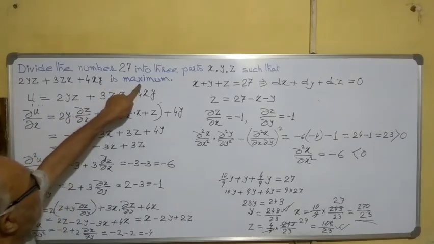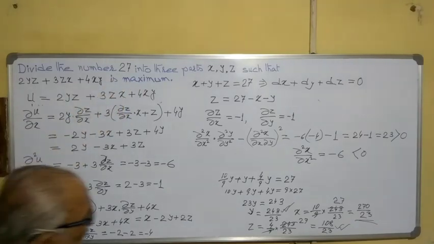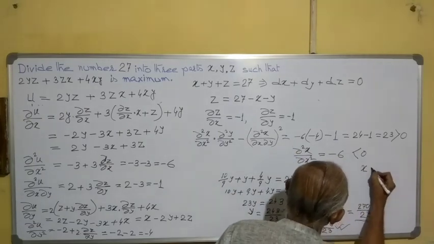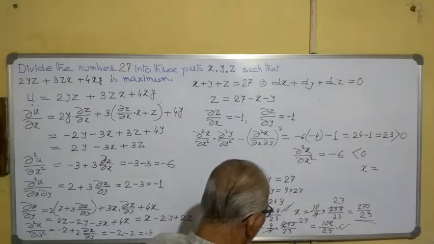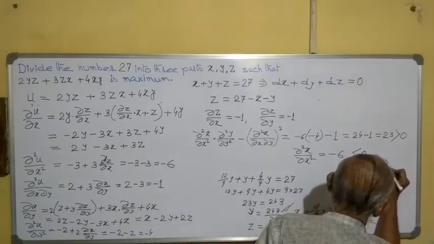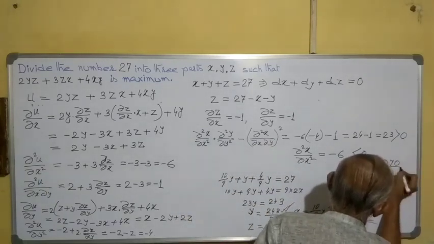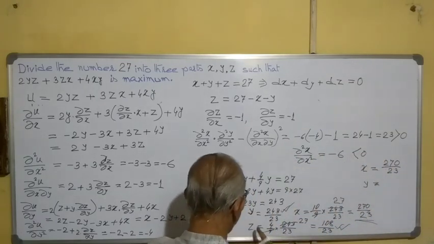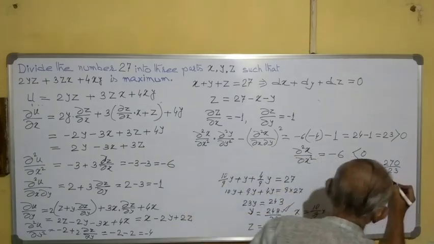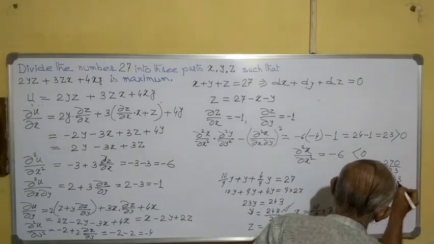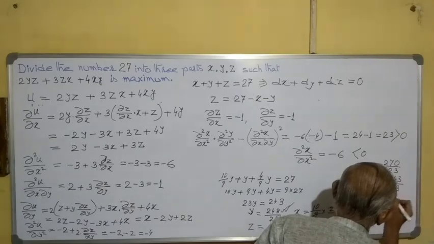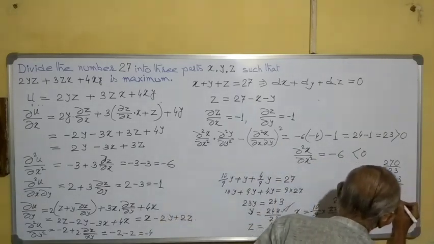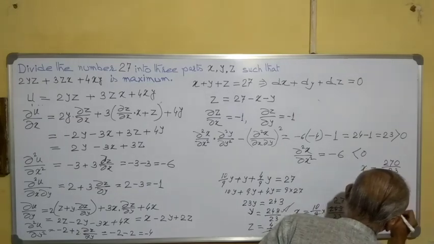Which one is required is, u is maximum when x equals to 270 by 23, y equals to 243 by 23, and z equals to 108 by 23.